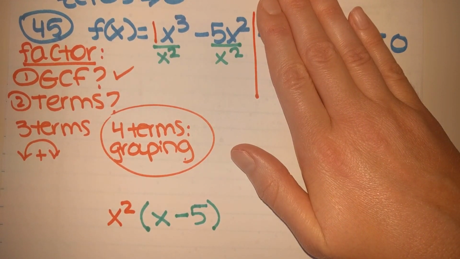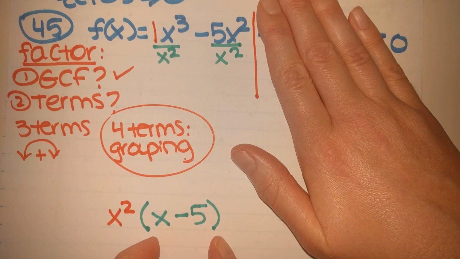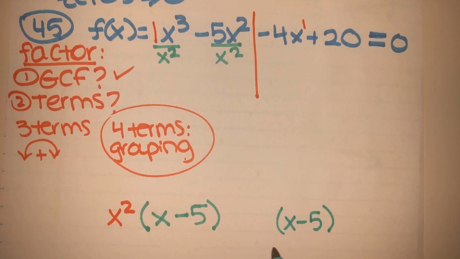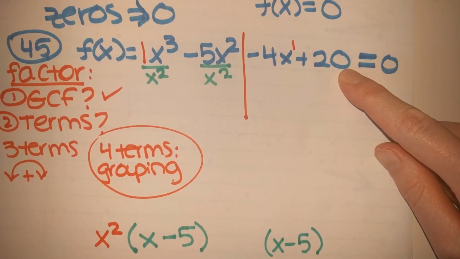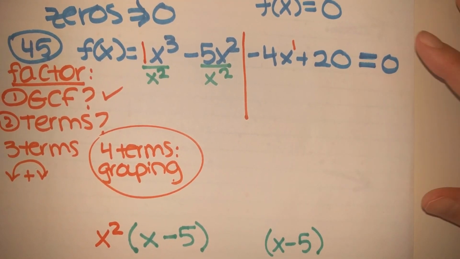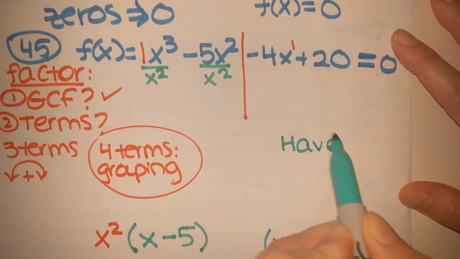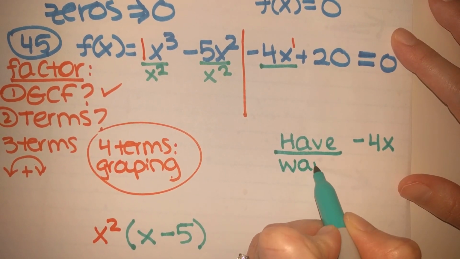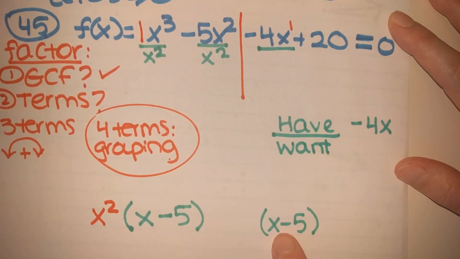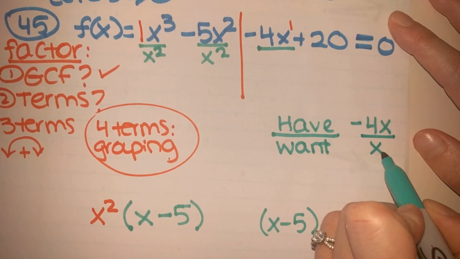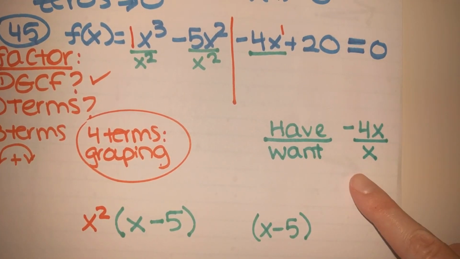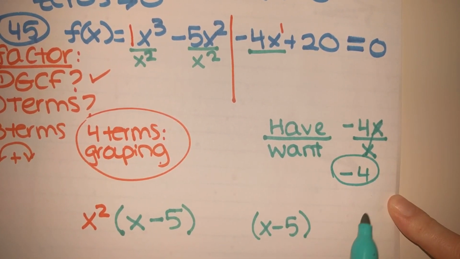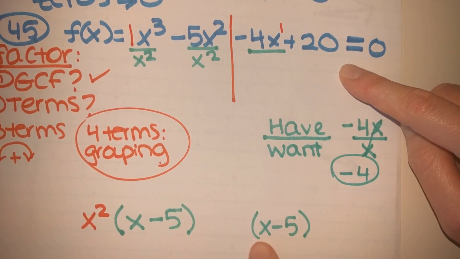Now, for grouping to work, if we get an x minus 5 from the first group, that means we have to get an x minus 5 from the second group. So when you look at the negative 4x plus 20, if I'm going to figure out how to get x minus 5 here, I take what I currently have, negative 4x, and divide it by what I want, which is x from the first term. That tells me exactly what I need to pull out from this second group to get the x minus 5.